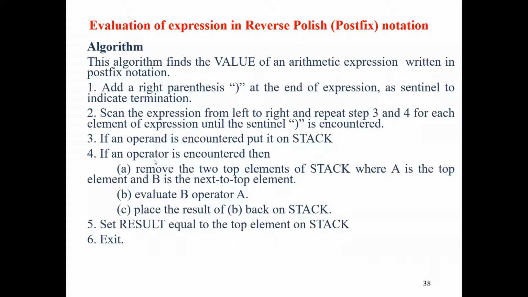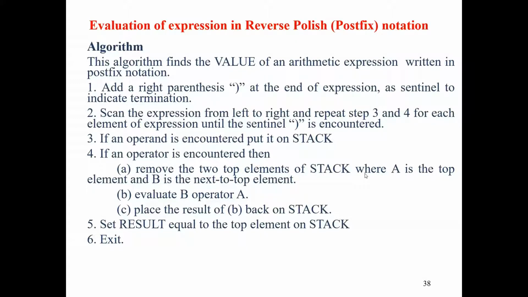When we find an operator, what we have to do? Remove the 2 top elements. What will be in the stack? It will be operands only, right? We are removing the 2 top operands of the stack, where A is the top element and B is the next top element. So there are 2 operands we are popping out from the stack when we encounter an operator.